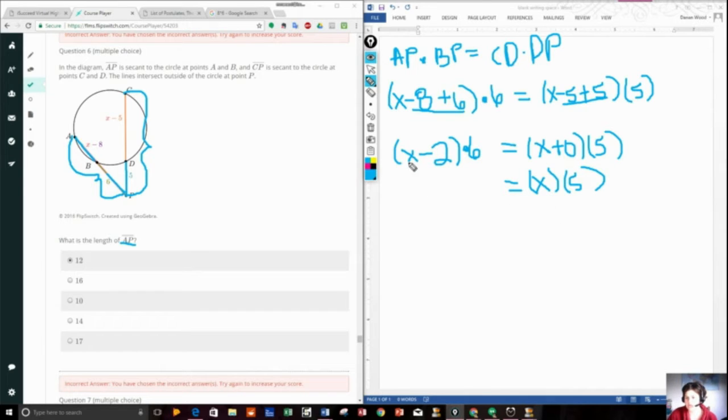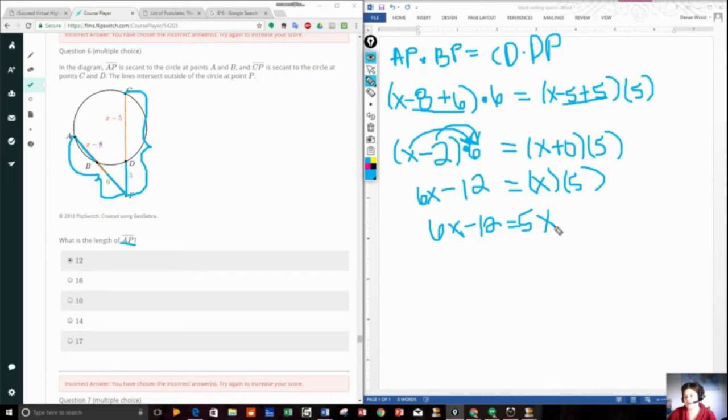So now on the left-hand side, I have two terms and they need to be multiplied by 6. So I'm going to distribute: x times 6 is 6x, and negative 2 times 6 is negative 12. So 6x minus 12, there are no like terms, is equal to x times 5, which is 5x. All right, so now I'm going to collect all of my x's.